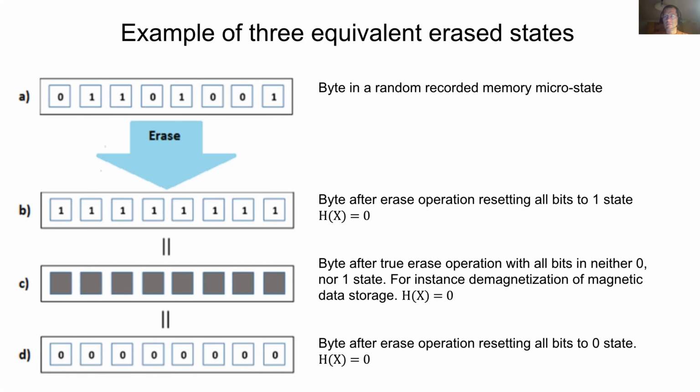So in this particular case, that has no information, because if you know that they're all the same value, then if you know the first value, then the rest of the values are known automatically. And so it can be calculated to have zero information.